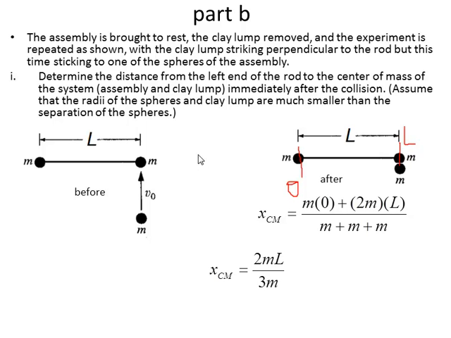So we end up with 2mL over 3m. The m's cancel, and our center of mass ends up being at 2L over 3, which is right around here.